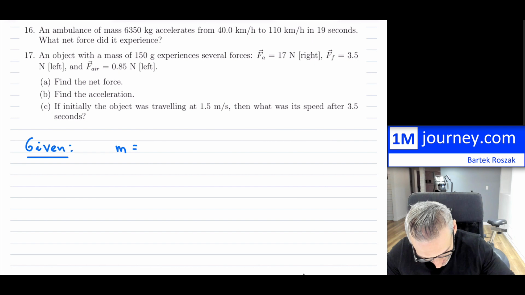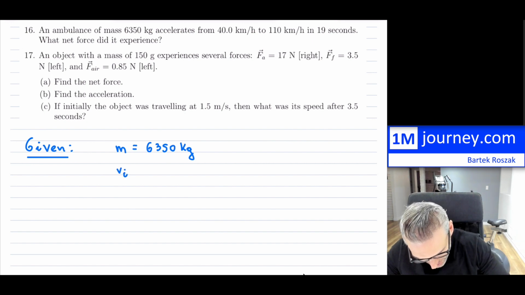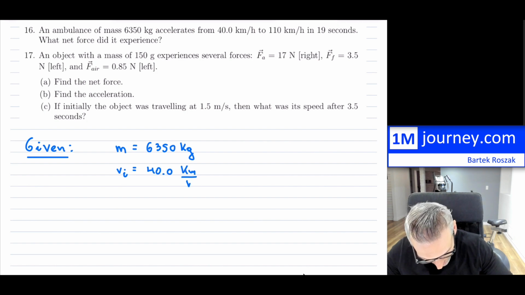So mass is 6350 kilograms. And you have your initial speed, which is equal to 40 kilometers per hour. And then we have our final speed, which is 110 kilometers per hour. And all of that happens in a time of 19 seconds.